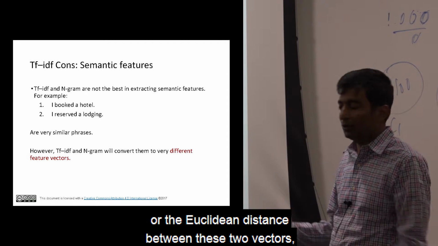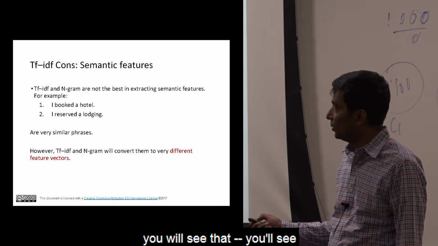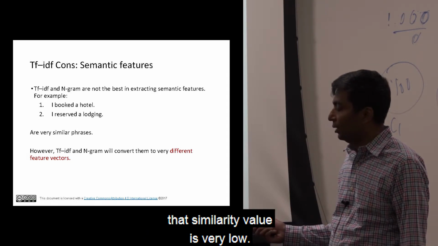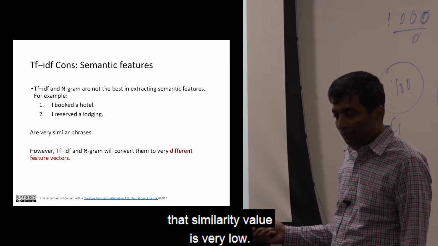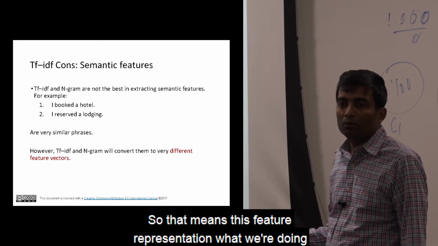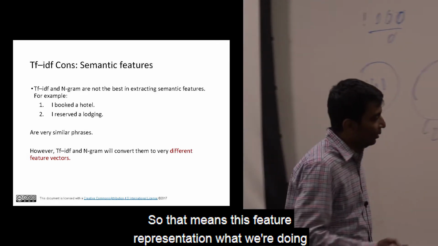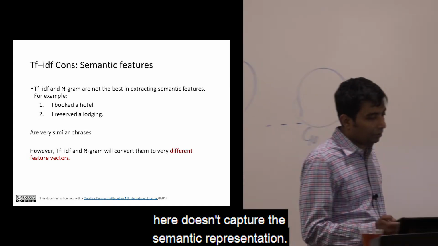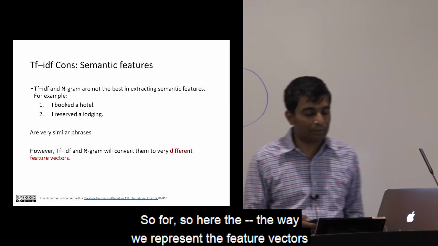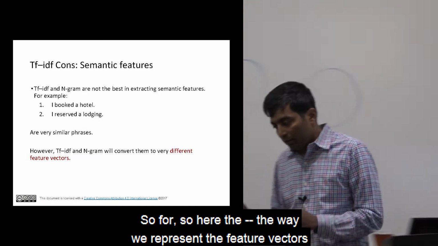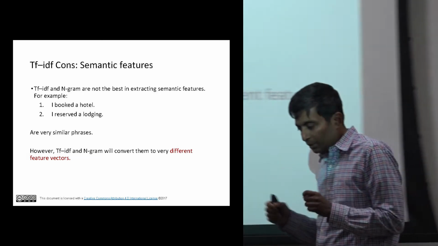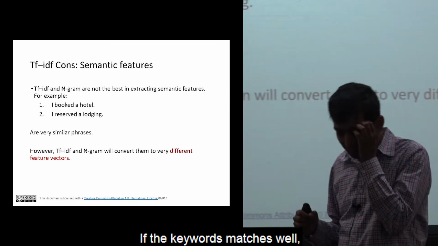And if you calculate the cosine similarity or the Euclidean distance between these two vectors, you will see that the similarity value is very low. That means this feature representation doesn't capture the semantic representation. The way we represent the feature vectors here is more at the syntactic level.